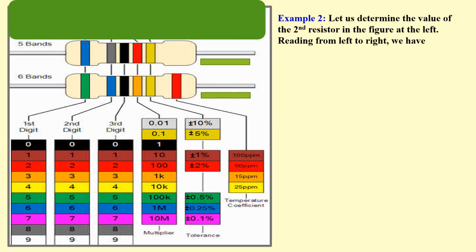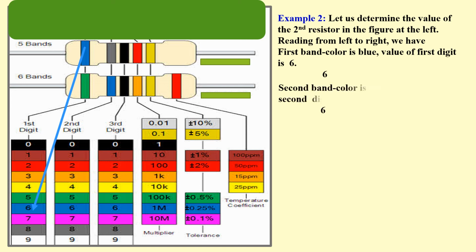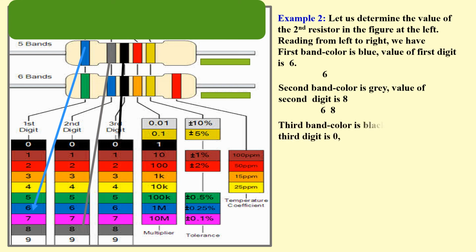Example number 2. Let us determine the value of the second resistor in the figure at the left. Reading from left to right, the first band color is blue, so the first digit is 6. Second band color is gray, so the value of the second digit is 8. Third band color is black, so the value of the third digit is 0.